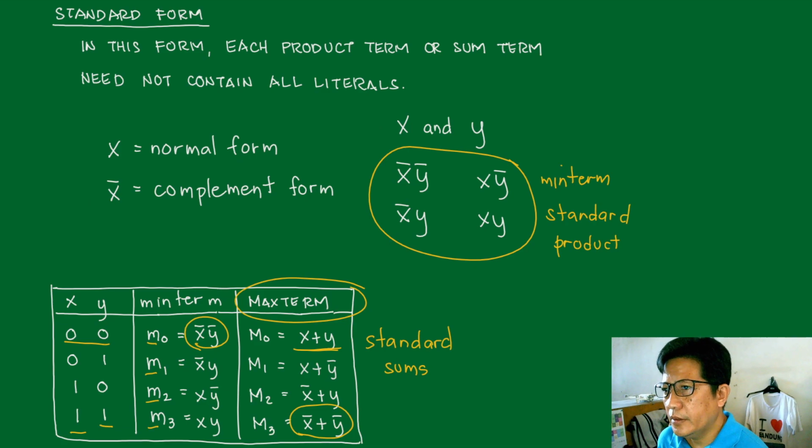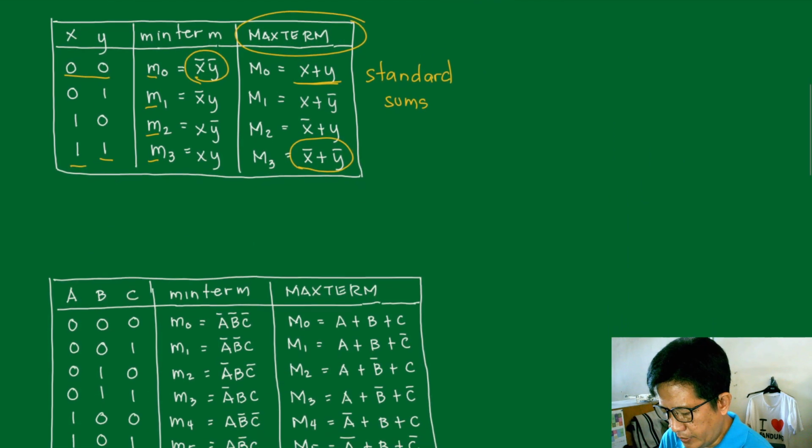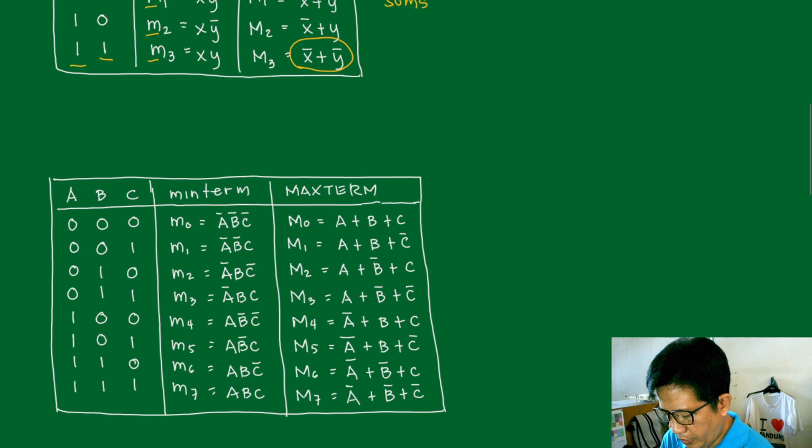The table displays the possible combinations for two binary variables, including the equivalent min term and max term. The next table shows all the possible combinations for three binary variables, including their min term and max term.